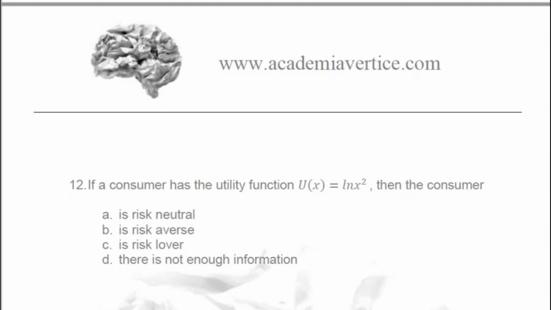Well, let's continue with the second part of the test about Unit 6. If a consumer has the utility function the logarithm of x squared, then the consumer will be risk averse.